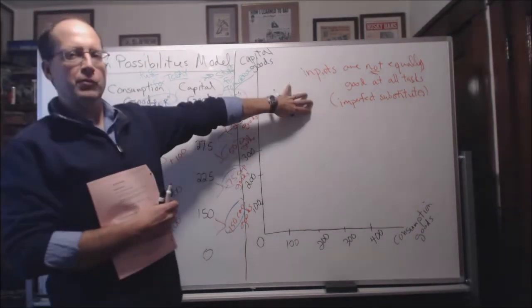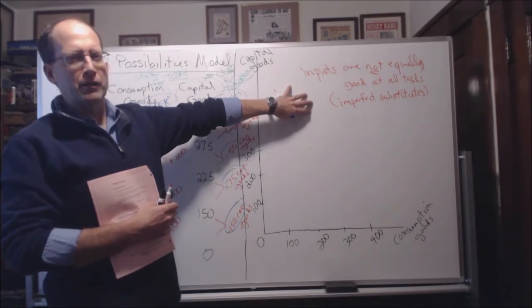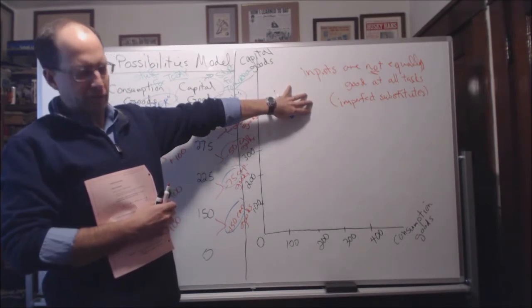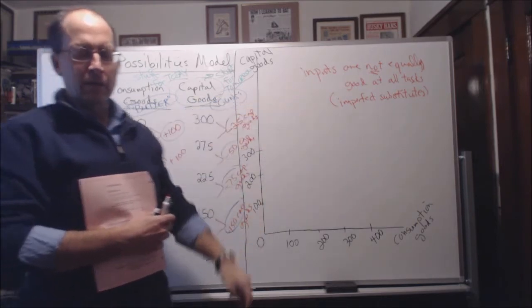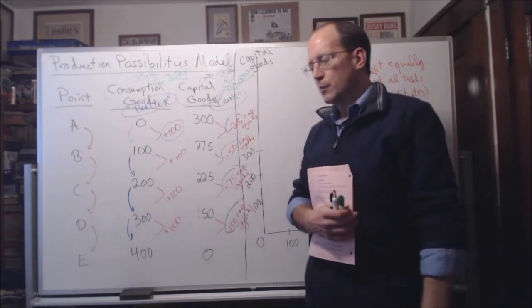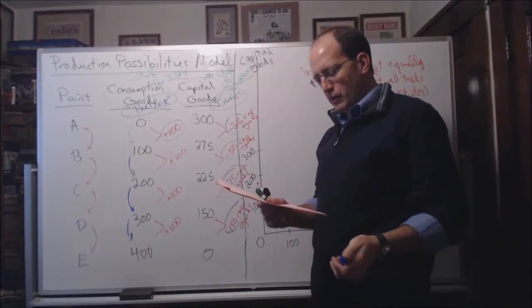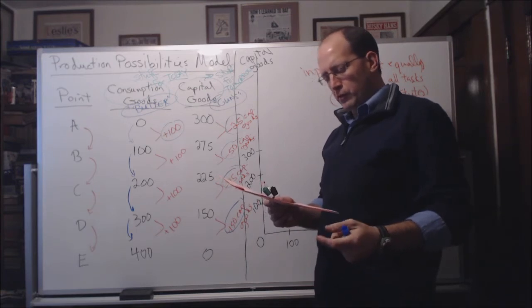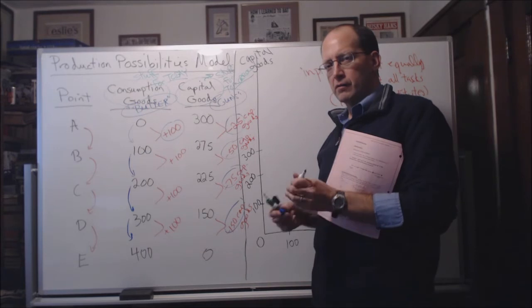We're not perfect substitutes for each other. Y'all know that. There's some things you're really good at, some other things not quite as good at. And so that is the driver of this law called the law of increasing opportunity cost. What it says, like it says on your sheet there, is as we produce more and more of one good, we sacrifice ever larger amounts of the other good.